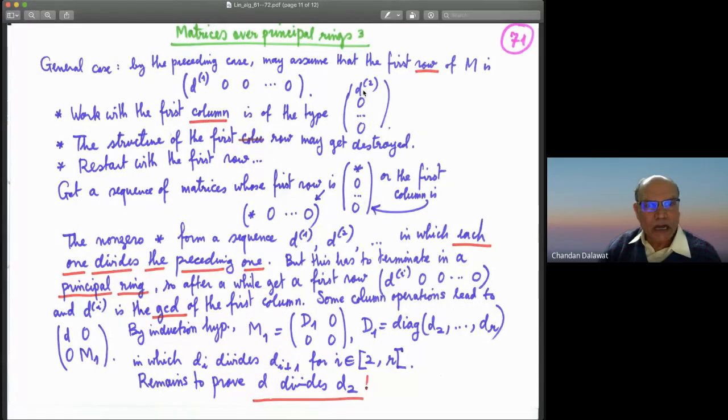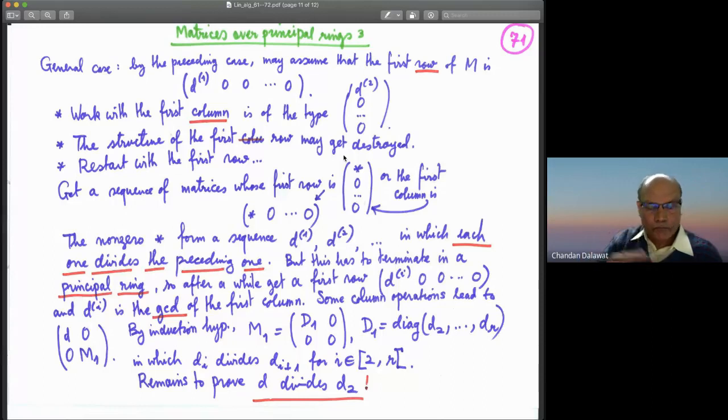So when I perform these row operations to make the first column look like this, the structure of the first row gets destroyed. But you can restart and go back to the first row and do the appropriate column operations to make the first entry non-zero and the other entries equal to 0.